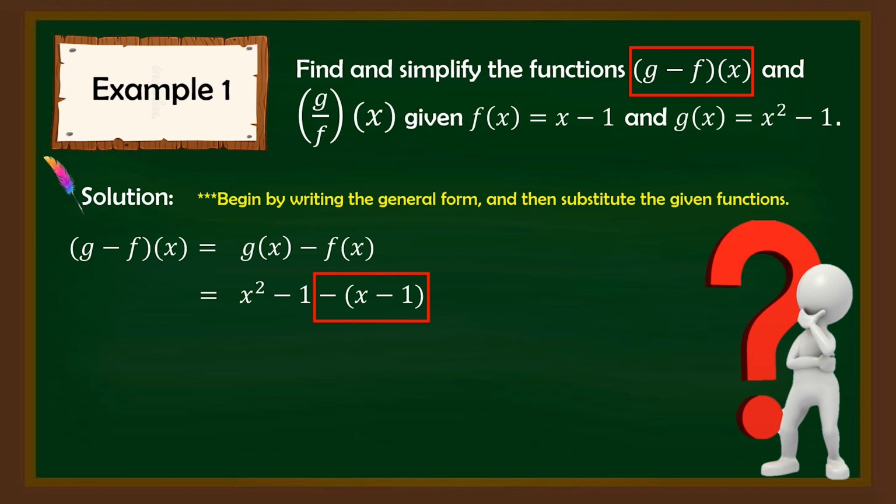Distribute the negative sign inside the parentheses, which yields x squared minus 1 minus x plus 1. Then simplify it by combining similar terms. So negative 1 and positive 1 will be cancelled. That means our answer is x squared minus x.